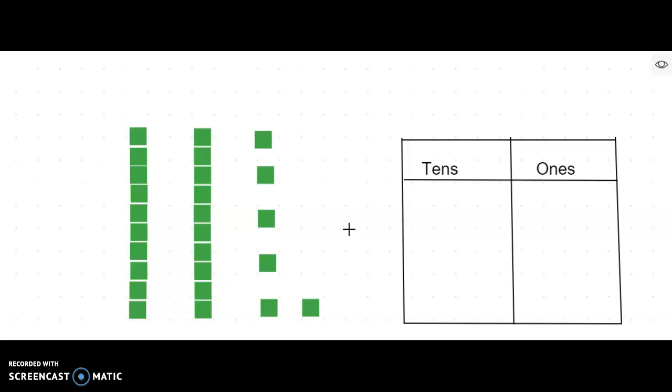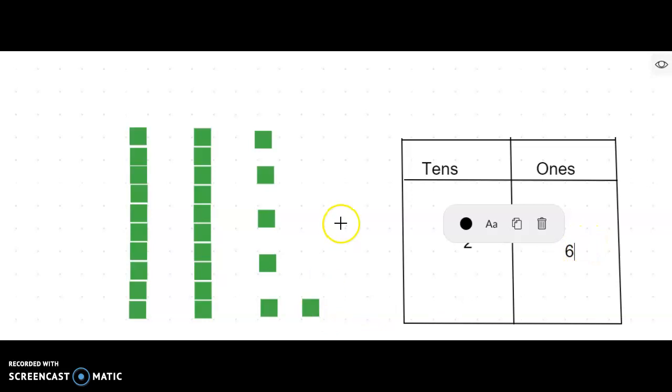Let's start with tens. Are you ready? Great. How many tens do I have? That's right. I have two tens. So I'm going to put in the place value chart that I have two tens. And how many ones do I have? That's right. I have 6 ones.